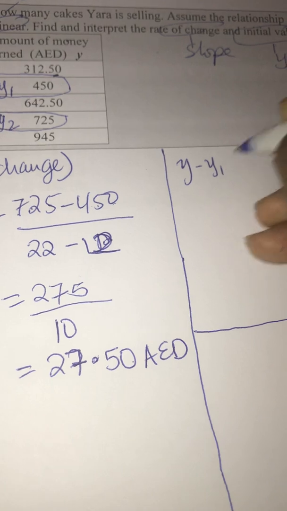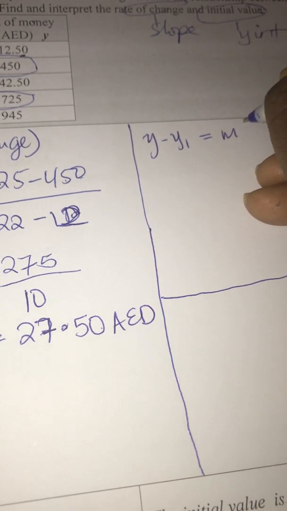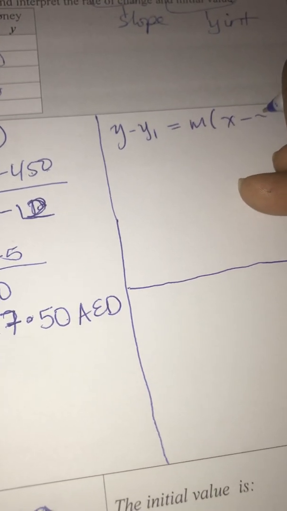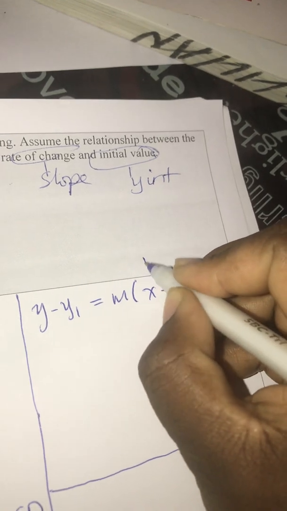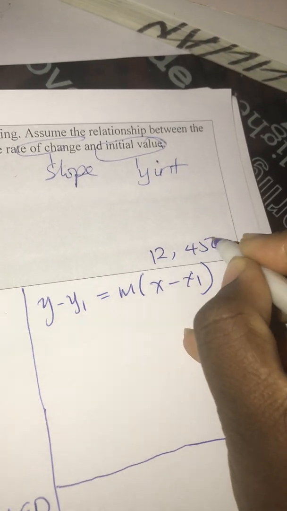y minus y1 equals m bracket x minus x1. Which point will I use? I want to use whole numbers. So 12 and 450.